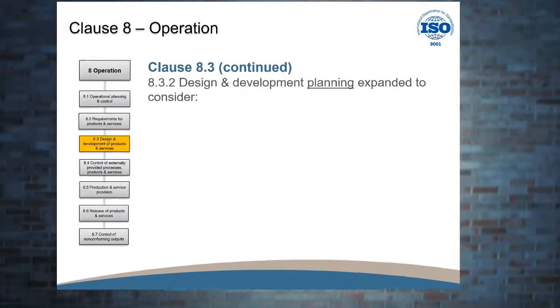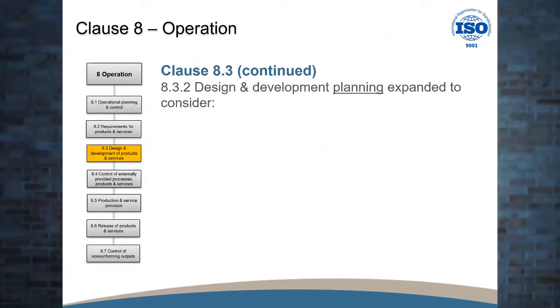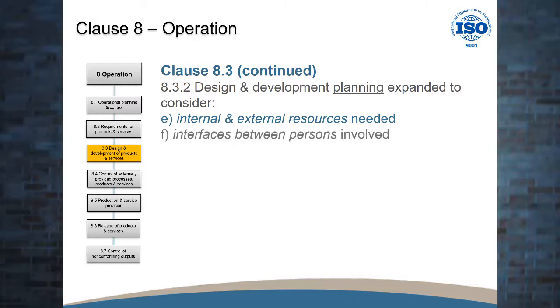So to continue with this design and development planning, which is the first P there, has been expanded to consider internal and external resources needed and interfaces between persons involved. So what internal and external resources do you need?